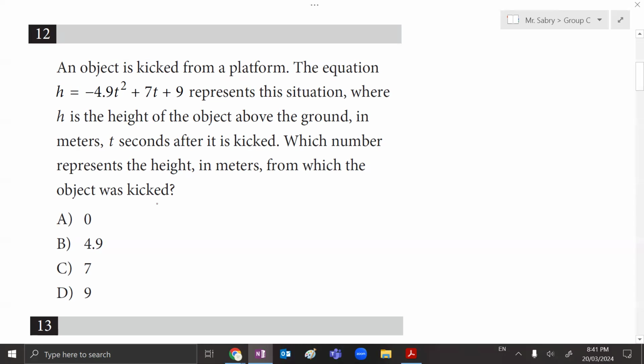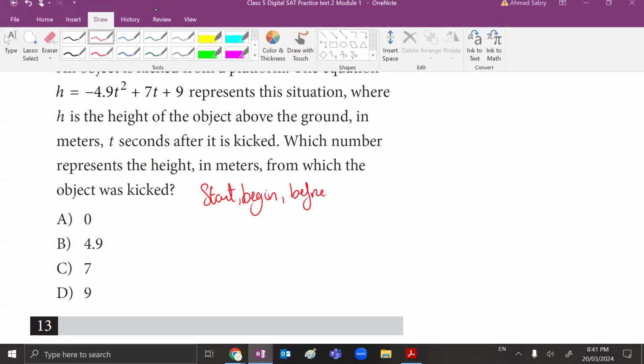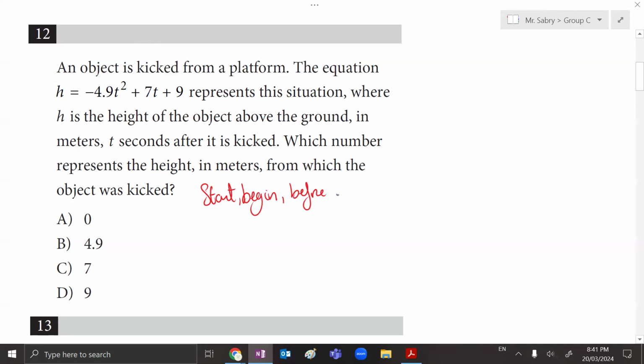From which the object was kicked, I'm looking for the start of this whole thing. I'm looking for the beginning, when it first began. I'm looking for what represents before anything happens, the very beginning. All of those are keywords for the y-intercept.